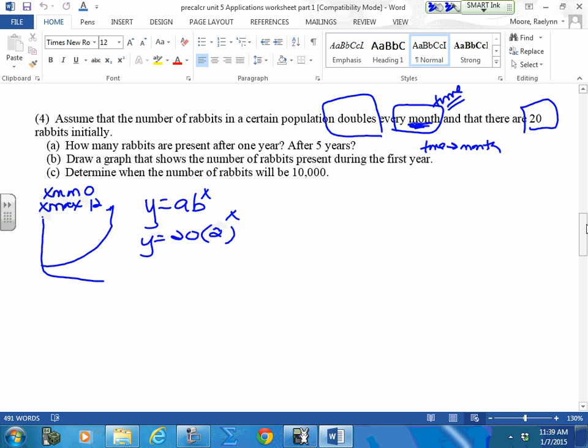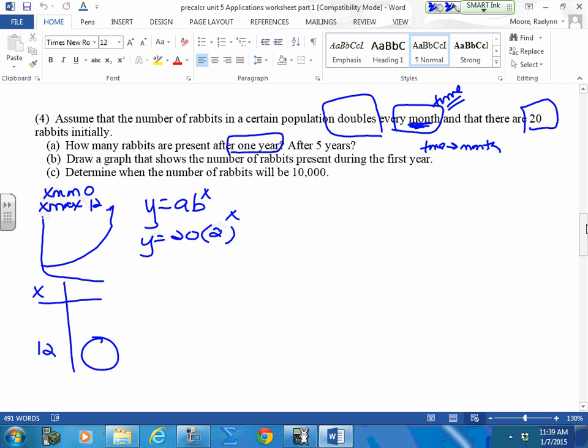So if you're just going to draw a graph of this, your time is in months. Without doing the rest of it. So if I just want a graph of your first year, you're going to go from 0 to 12. Remember, a year has to be converted to months because your initial part says every month. Now, from here, it says, how many are there after 1 year? Well, if you put this in your calculator, if you look at your table, you're looking at X of 12 to find 1 year.